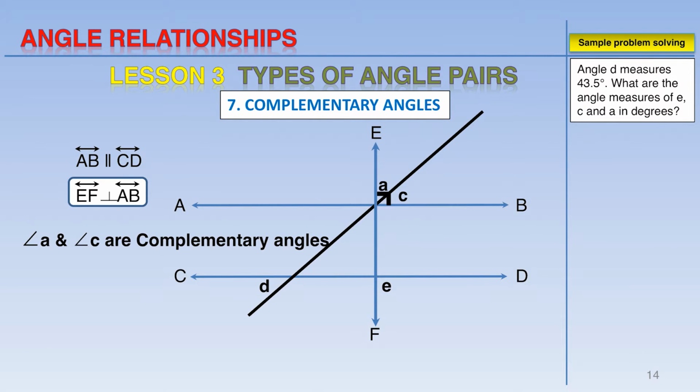Here's a sample problem. Angle D measures 43.5 degrees. What are the angle measures of E, C, and A? Okay, what do we know?